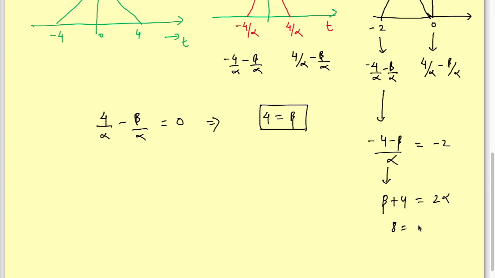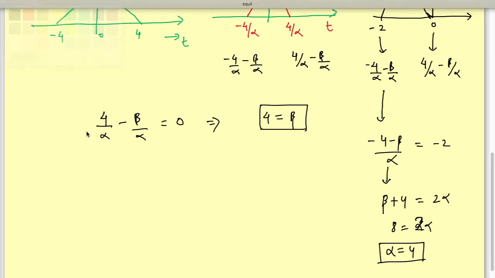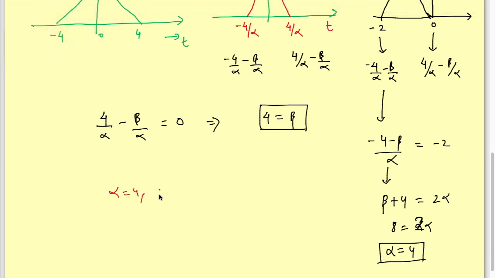So 8 equal to 2 alpha, so alpha equal to 4. So alpha is equal to 4 and beta is equal to 4.